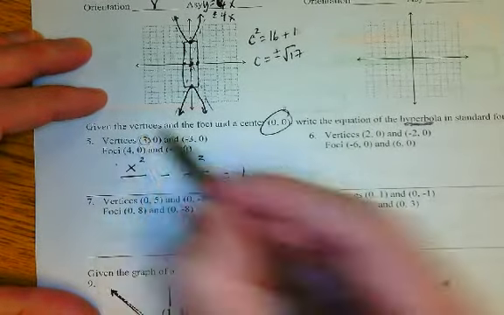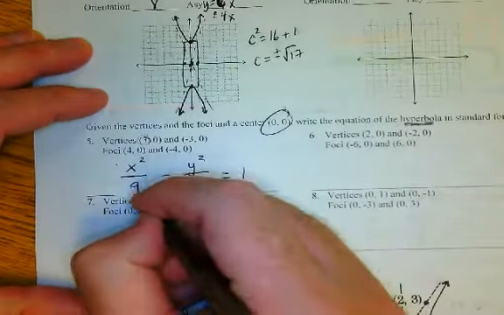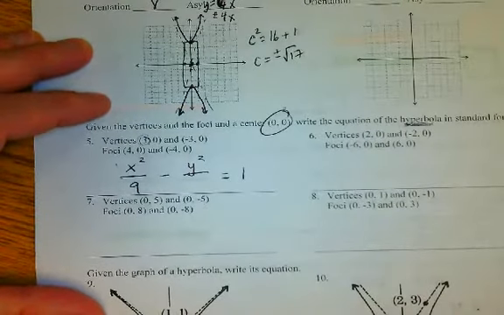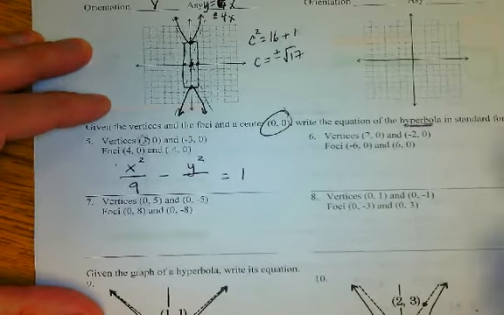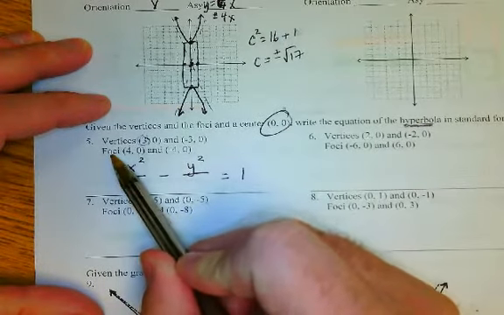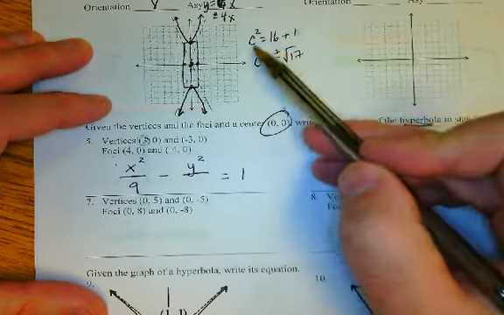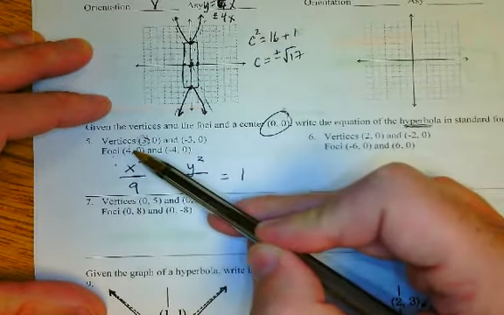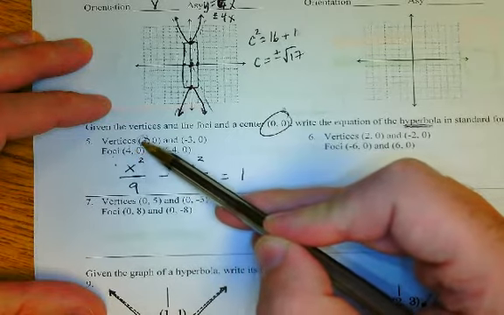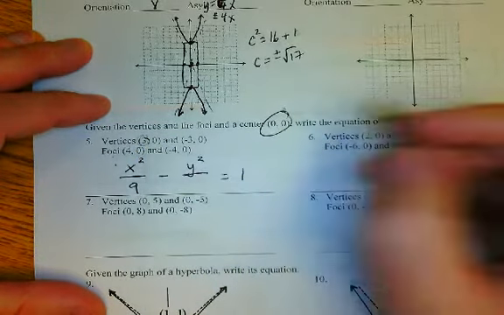And then I'm going to use this and say, well, if that's my a number, then I square a for my equation. It doesn't say what your b is, so I'm going to use this focus along with this vertex, and I'm going to write my equation. That would be my c squared value, this is my a squared value. I'm going to find b squared.